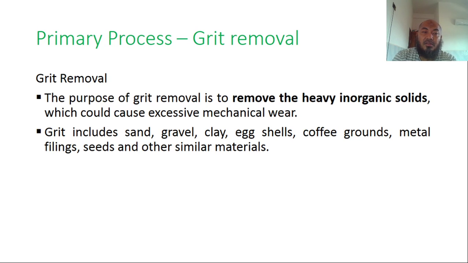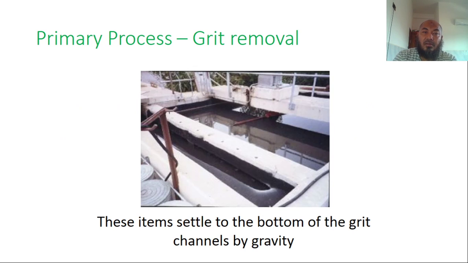Grit removal. The purpose of grit removal is to remove the heavy inorganic solids which could cause excessive mechanical wear. Grit includes sand, gravel, clay, eggshell, coffee ground, metal filings, seeds, and other similar materials. So this is considered as grit.